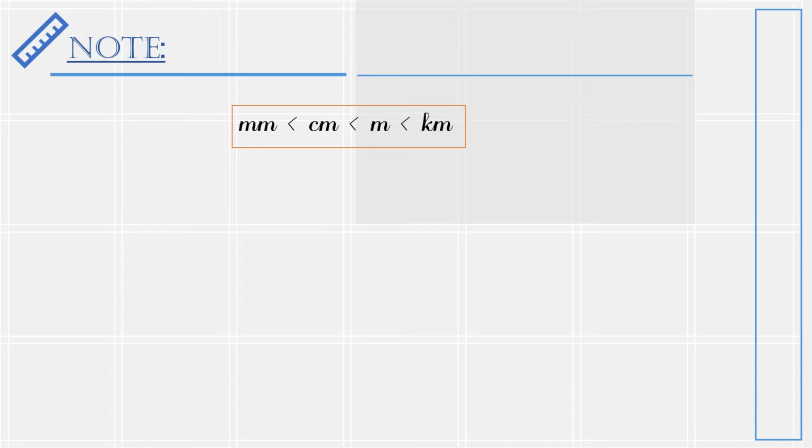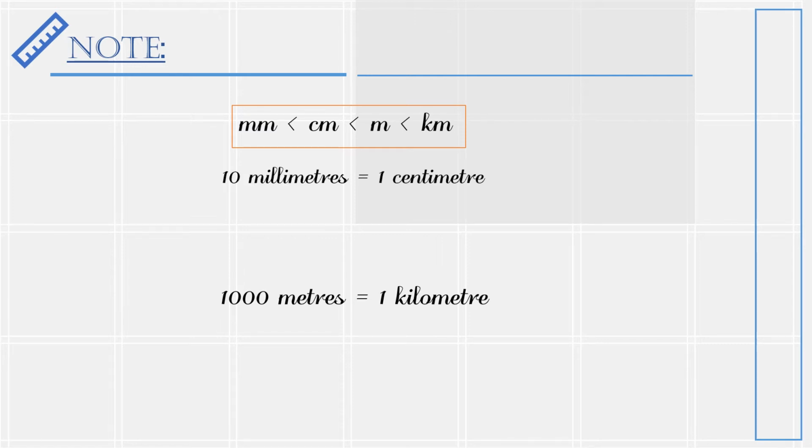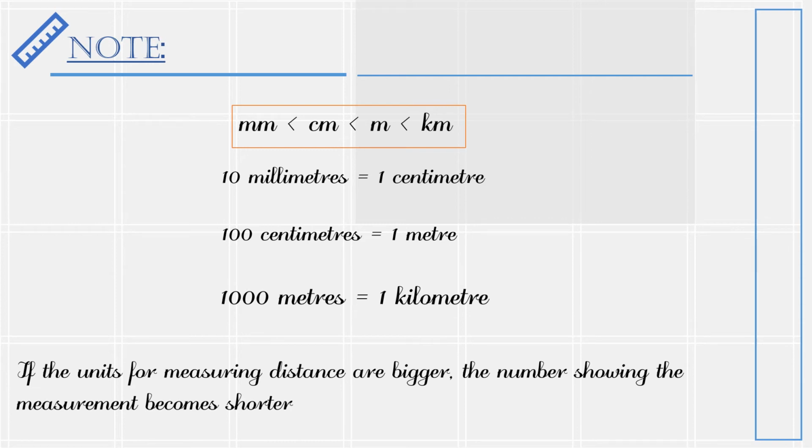Unit centimeter is smaller than the unit meter and unit meter is smaller than the unit kilometer. 1000 meter is equal to 1 kilometer. 10 millimeters is equal to 1 centimeter. 100 centimeters is equal to 1 meter. If the unit of measuring distance is bigger, the number showing the measurement becomes smaller.